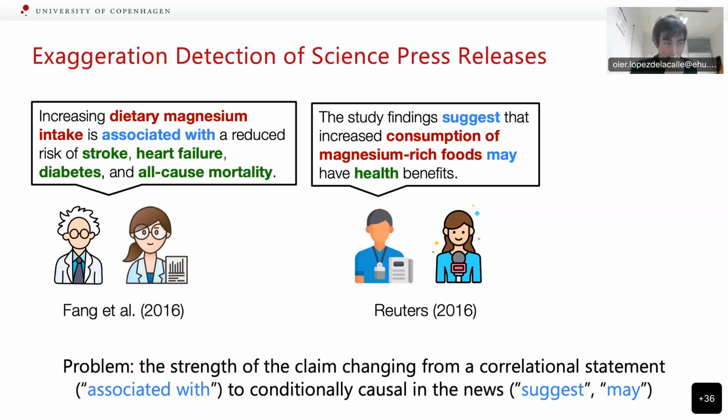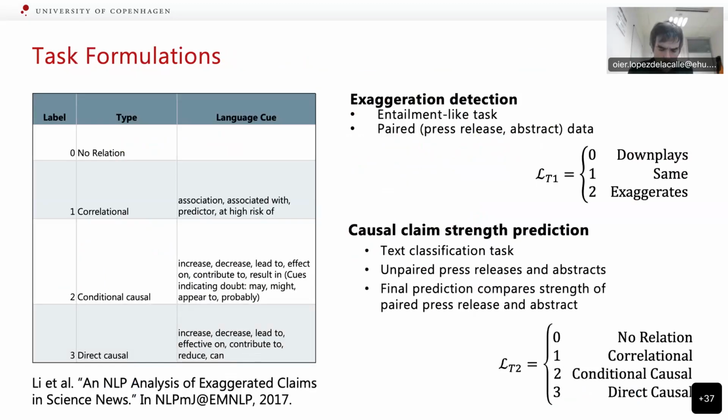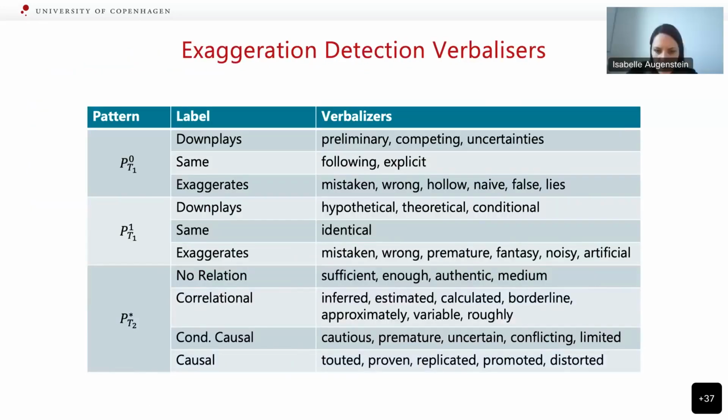Okay, so I have a couple of questions, and maybe they're more technical than the previous one. Where you were showing the empty TED model, I think in the exaggeration detection experiment, you told us that you were manually building the patterns, right? Yes, these patterns here.